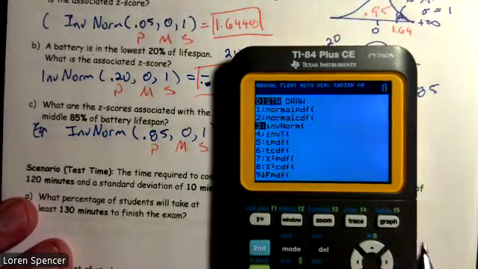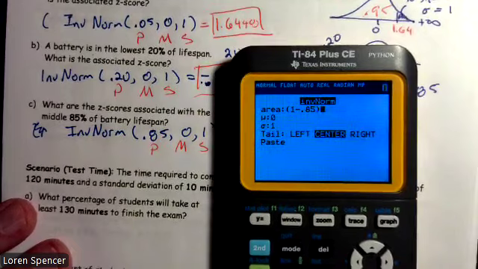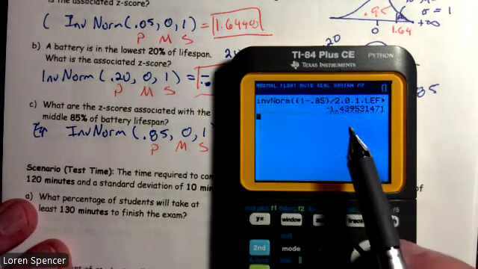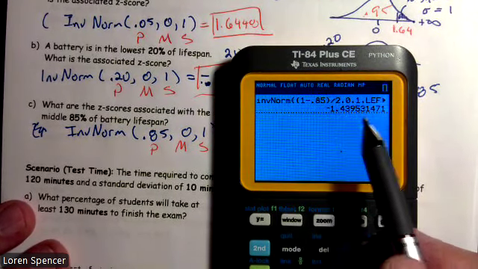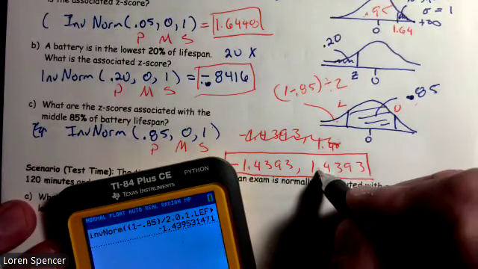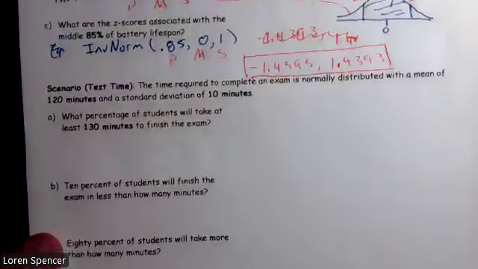Second vars, inverse norm, parenthesis, 1 minus 0.85, close the parenthesis, divide by 2, and that's coming from the left. And you get the negative 1.43953. Because it's symmetric, you just need to change it to a positive, and you'll have both of them. Okay?